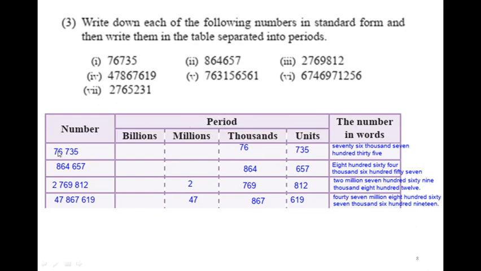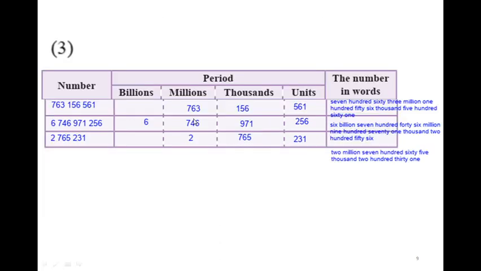So look at this number. We have units, we have thousands. That's all we have: 76,735 units. Okay, then how do we read it? 76,735. I have given answers for all of these exercises, so you can check the answers with this.